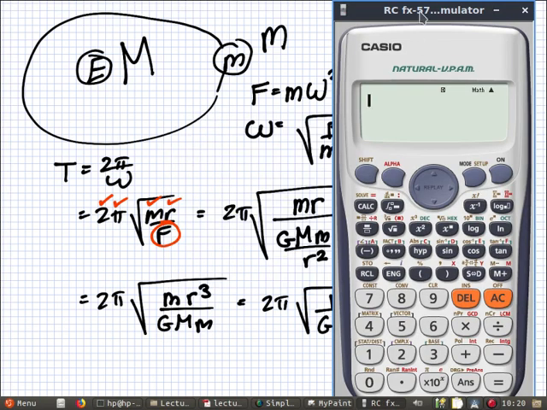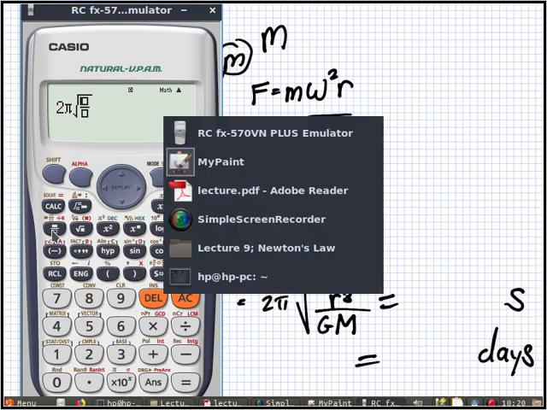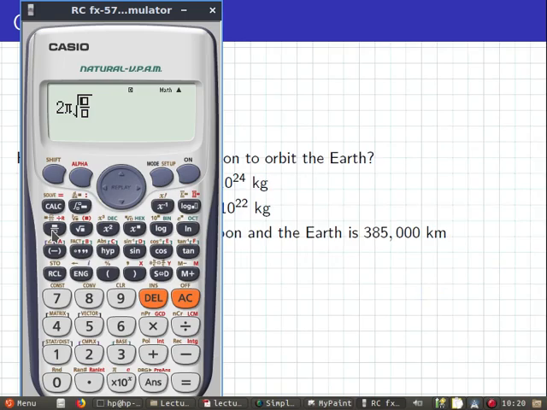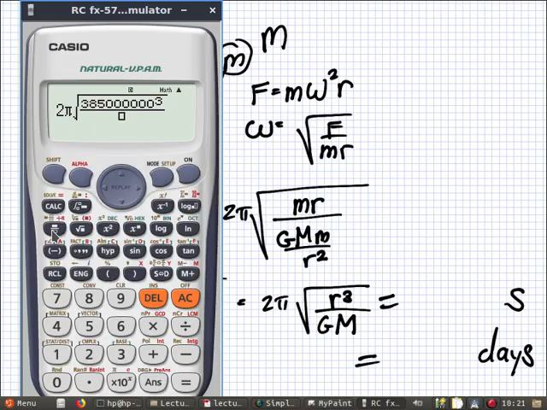So, let me show you here. 2 pi square root, or, what's the r here? 385, wasn't it? 385000. Is that right? 385000 cubed over GM.